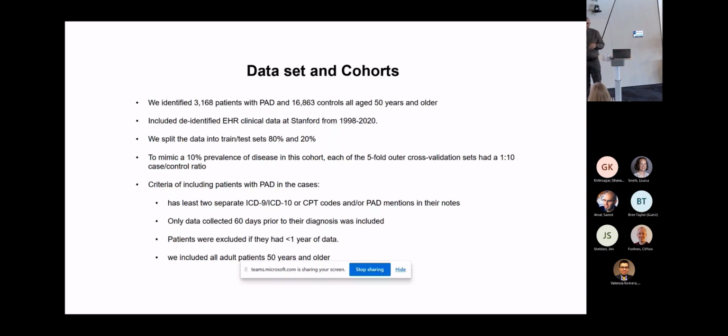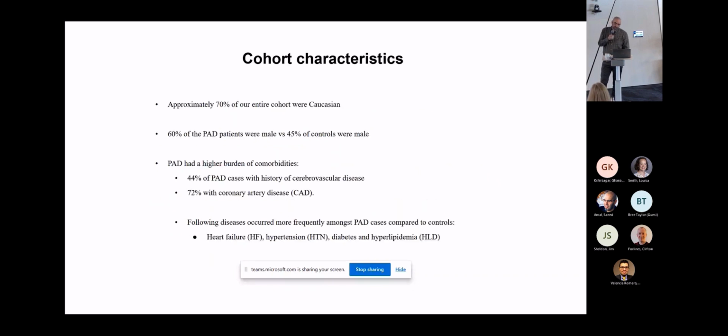For some cohort characteristics, since the data is from Stanford, 70% of the entire cohort were Caucasian. 60% of the PAD patients were male and 45% of the control were male.